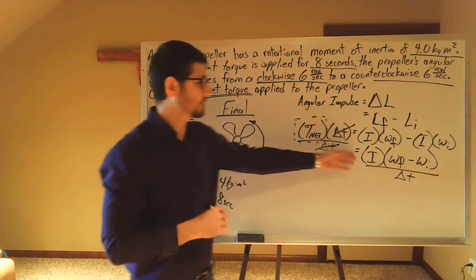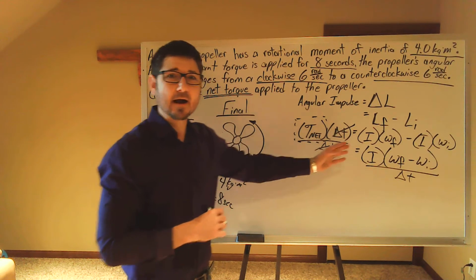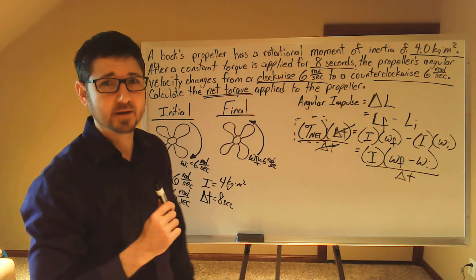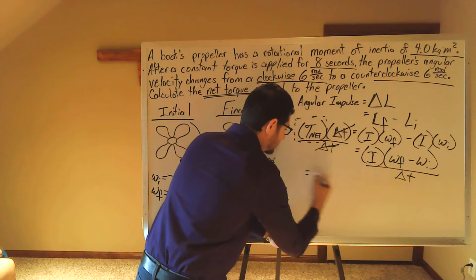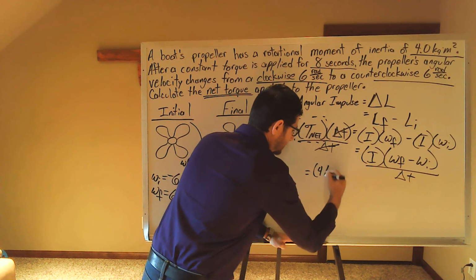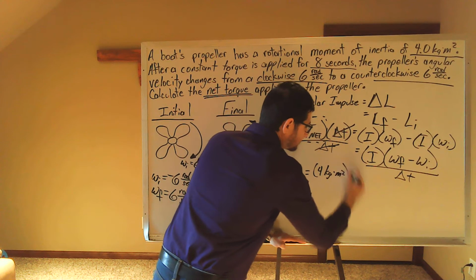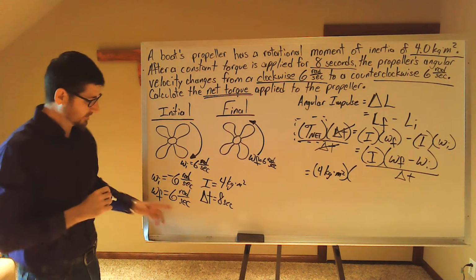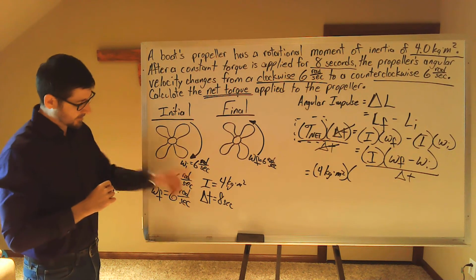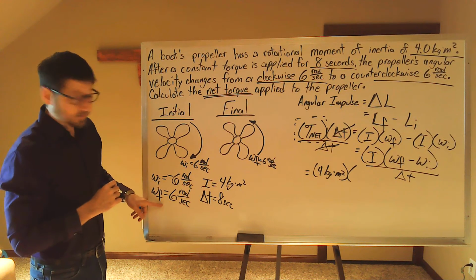Okay, now we can fill in some values here. Our moment of inertia for the boat propeller is 4 kilogram meters squared. Our final angular velocity, okay, let's look in our column of knowns here.